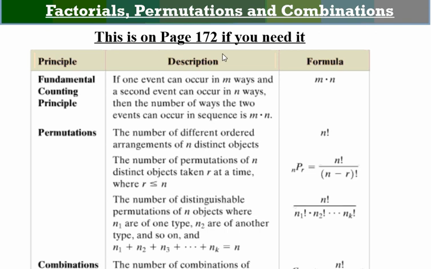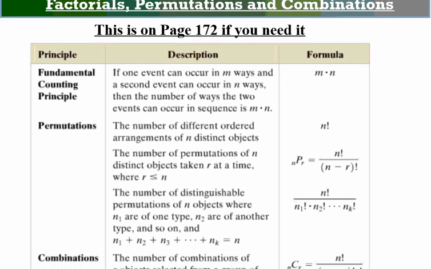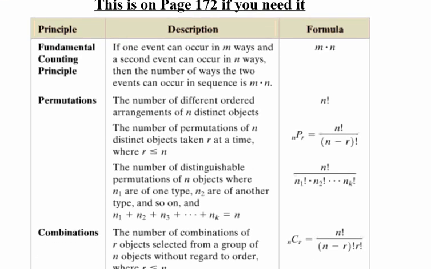The fundamental counting principle: how many ways can I select m things for the first and then n for the second? Well, it's m times n. For permutations, when order starts to matter, how many ways can I uniquely arrange n items? That's n factorial. How many ways can I select r from n items where order is going to matter? That's a permutation.